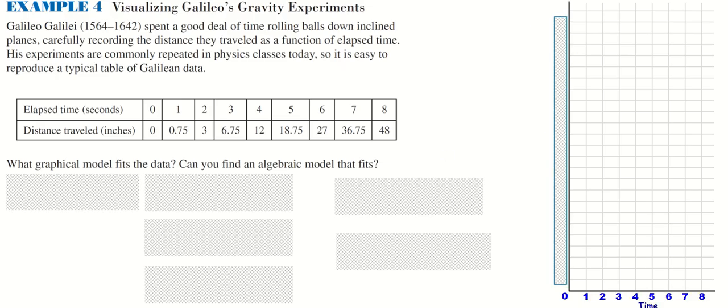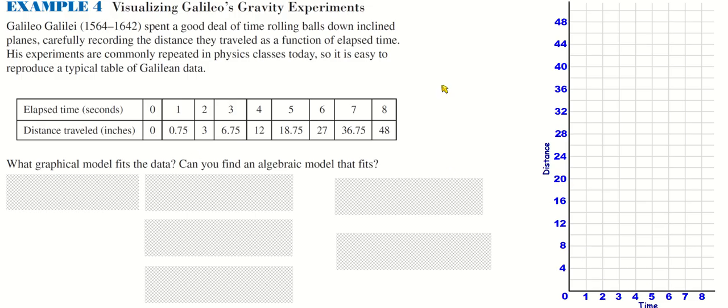So just skipping ahead here, based on these numbers, I labeled the x-axis 1, 2, 3, 4, 5, 6, 7, 8. And then I labeled the y-axis by 2s. I didn't actually write 2 and 6 and 10, but these are all going by 2 so that we can get to 48 and spread out the numbers well. So that's how I labeled and scaled my x-axis and y-axis.